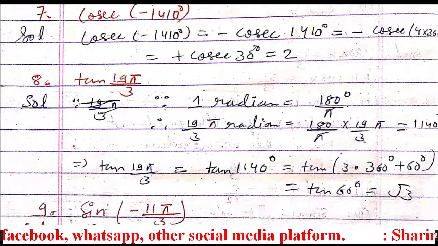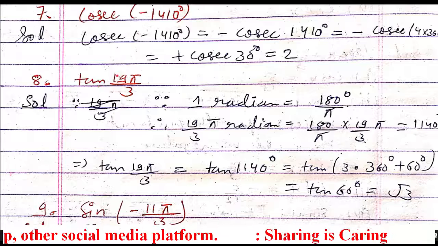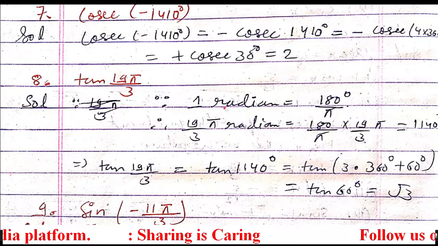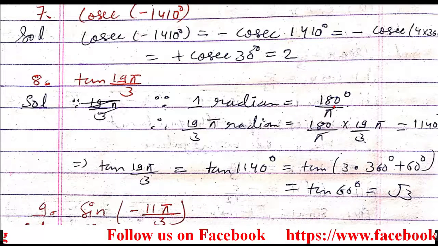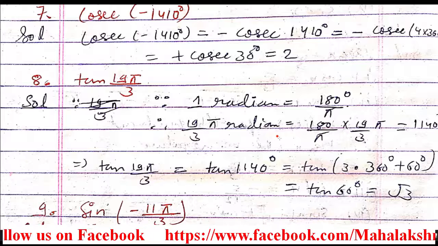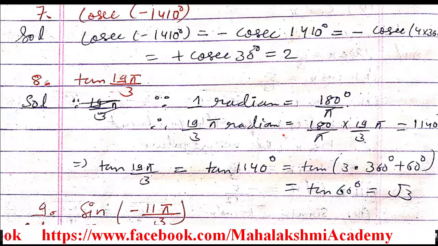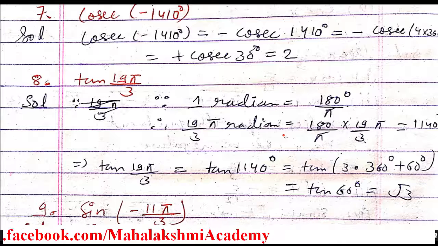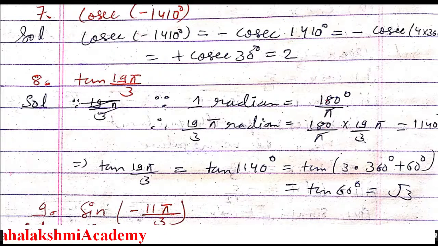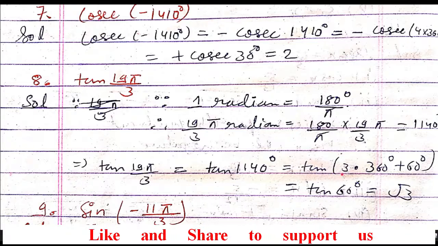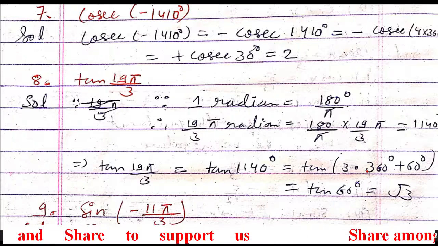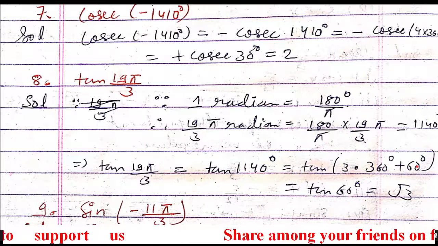Now question number 8. In question number 8 we have to find out tan 19 pi upon 3. So I converted the radian measure to the degree measure. I multiplied it by 180 degree upon pi. Directly also you can do it, but my students are feeling very convenient with degrees, that's why I converted it. When we convert it to degrees, we get 1140, which we also got before. So when we split it, it's going to be 3 multiplied by 360 plus 60.